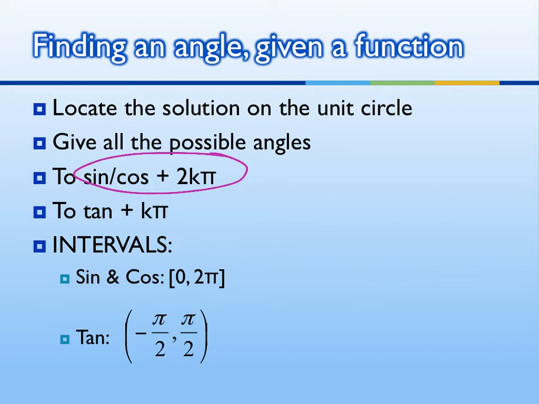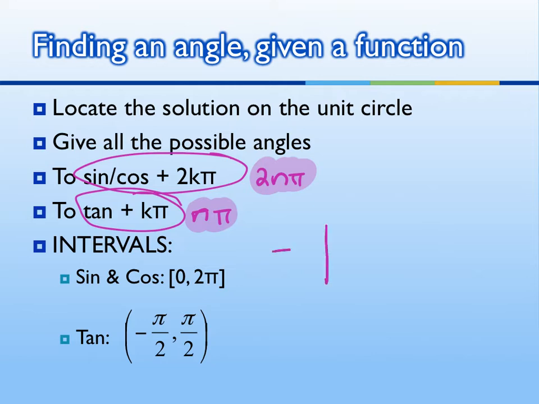Then, if it's tangent, I add k pi, because tangent happens every half circle, which is the same thing as pi. Yeah, so it's actually 2n pi. N and k just represent a constant, okay?